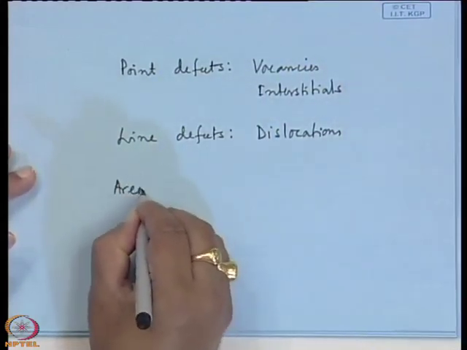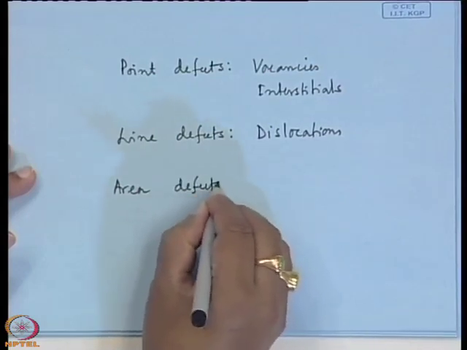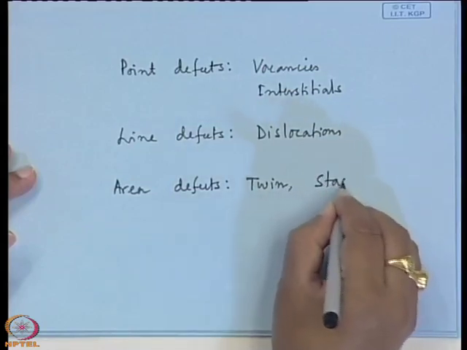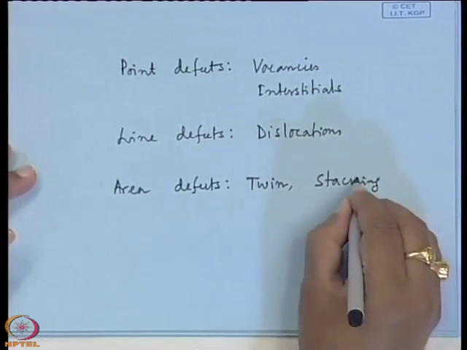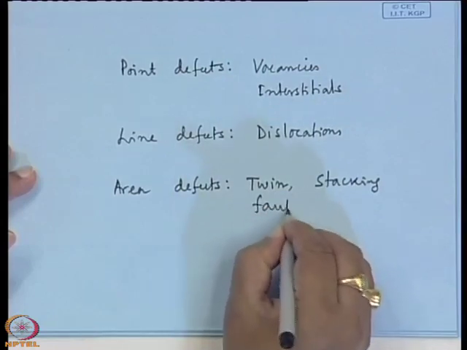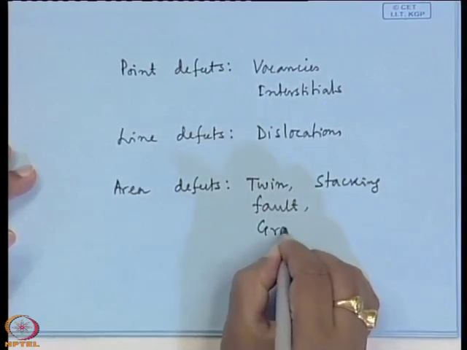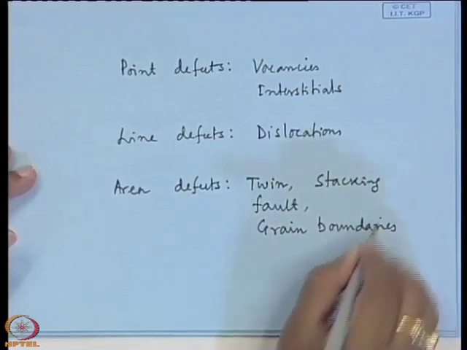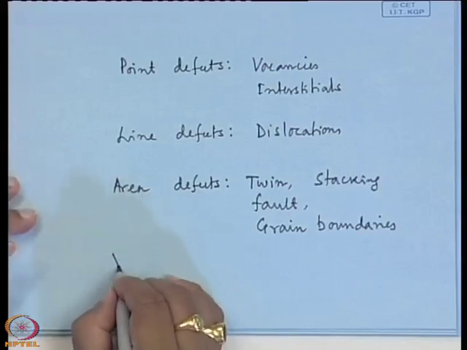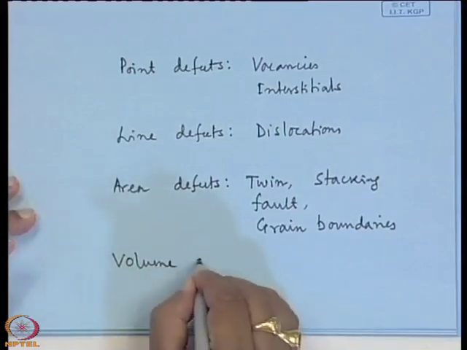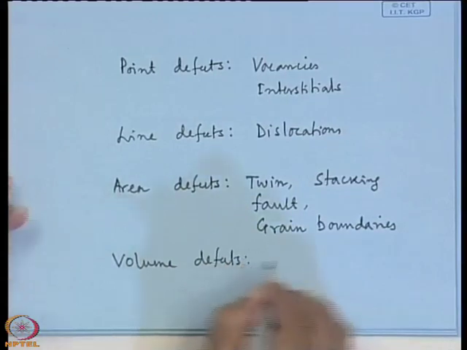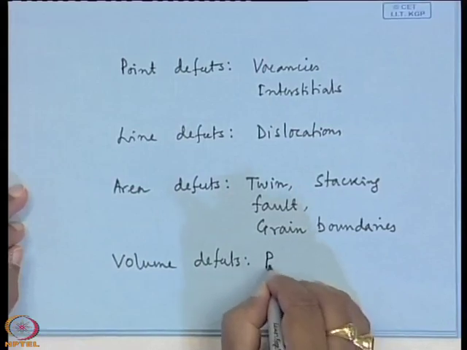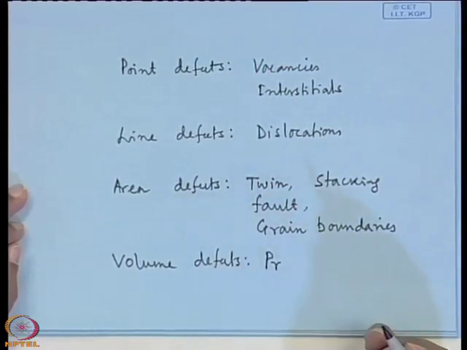Then there are area defects: twin, stacking fault, grain boundaries. And the last one is volume defects. Volume defect is basically precipitation.